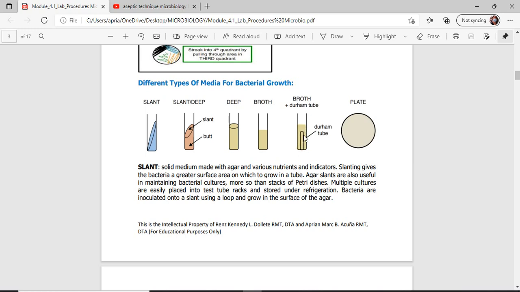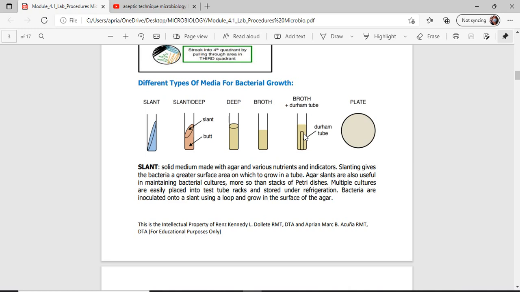Because certain bacteria have a waste product, like gas, that they excrete. Some bacteria will be releasing gas here in the Durham tube and it will form bubbles. Okay, so you will need to measure the amount or the length or the size of the bubble formed.